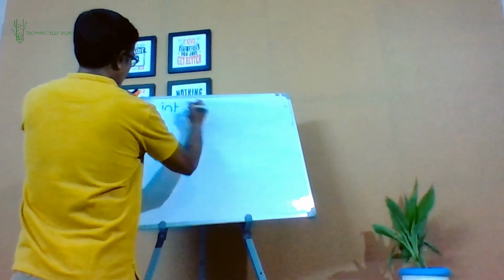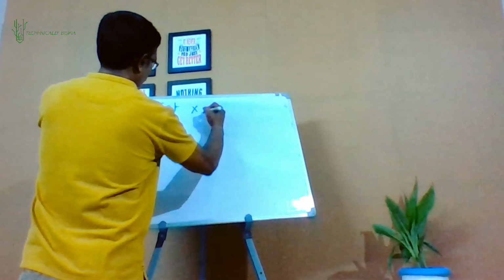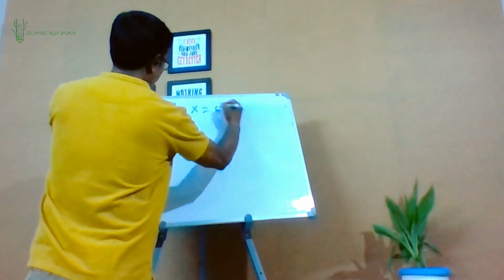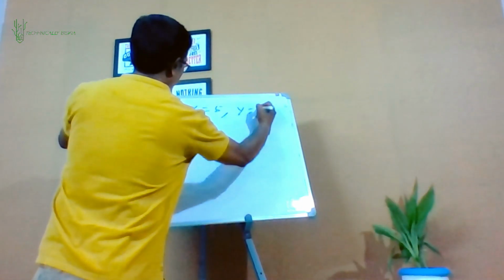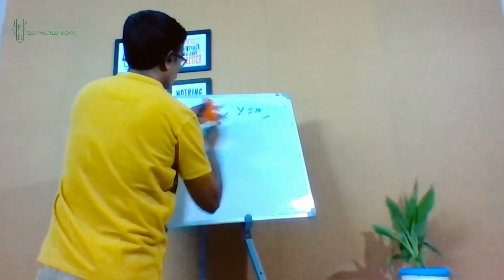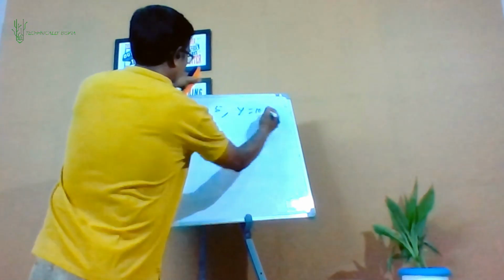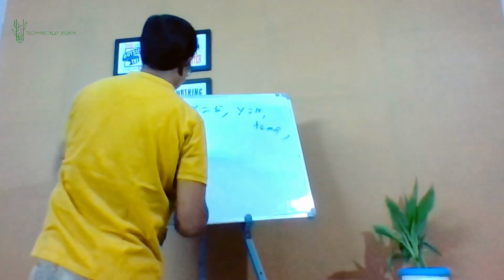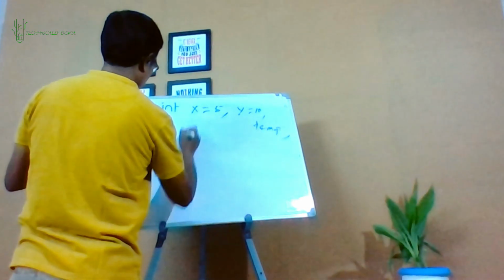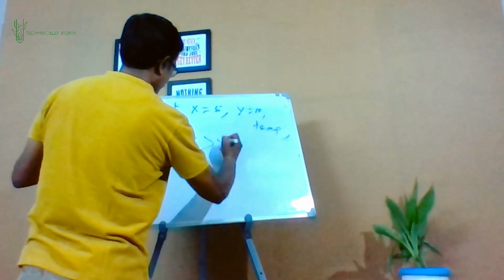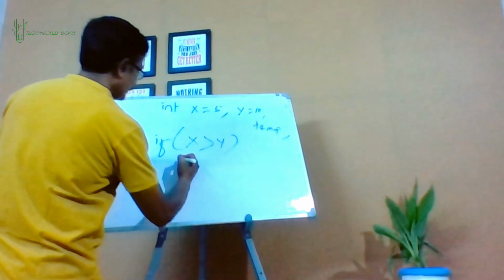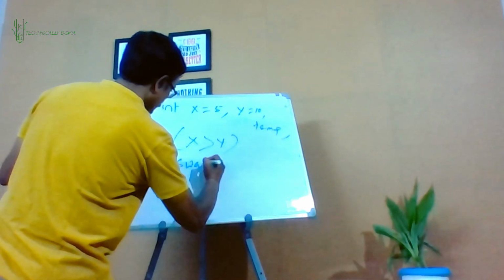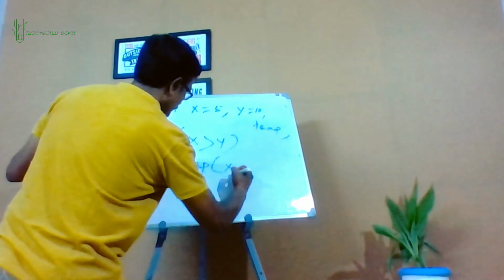Let's say I have integer x equal to 5, comma y equal to 10. I'm sorry, comma the third variable is 10. I say this is my condition: if x greater than y, then swap x comma y.